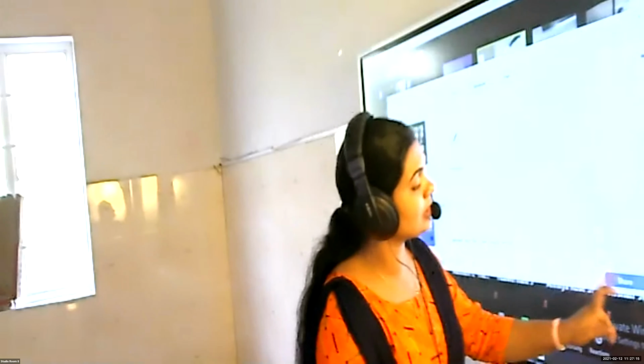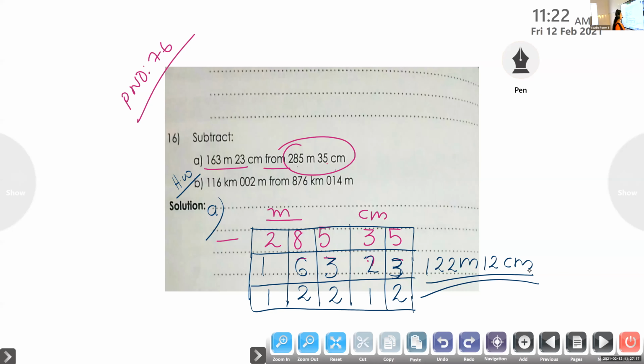No. My dear children, 1 kilogram equal to 1000 grams. So here the conversion is very easy because both are 1000. So I'll show you. 1 gram equal to 1000 milligram.